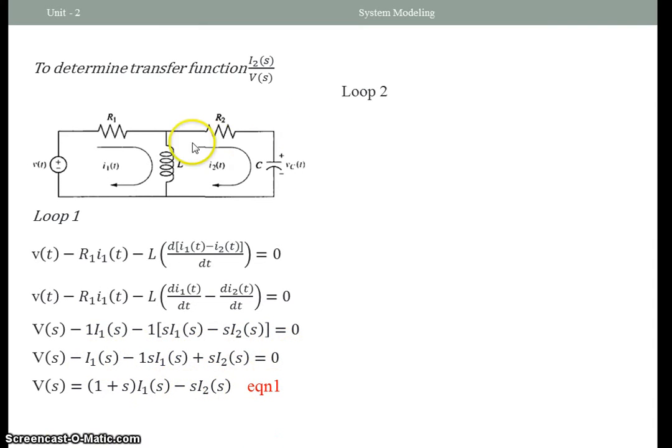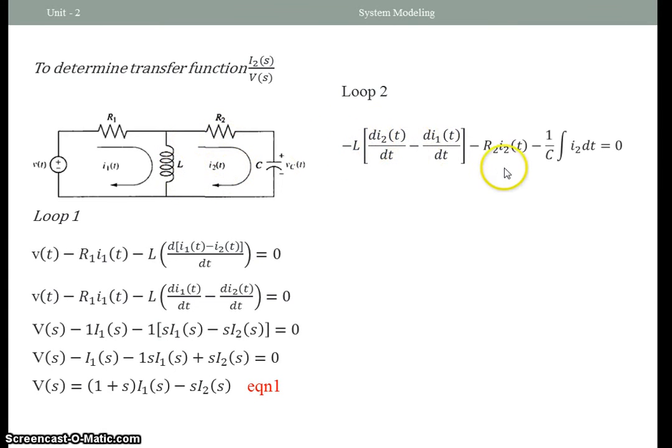Now let's go to loop 2. If we inspect loop 2, this is just a summation of all voltage drops. So it is the voltage drop across the inductor minus the voltage drop across the resistor and the voltage drop across the capacitor.